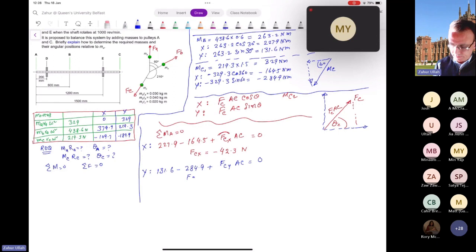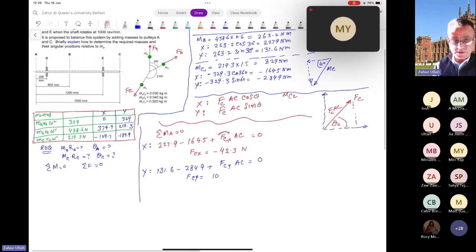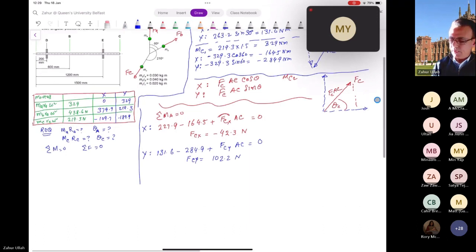This will give you FCY, which in this case should be 102.2, and which is positive. So our initial assumption was that both are positive, the X and Y. But after calculation, you saw that FCX is negative and FCY is positive. So this means that one assumption was wrong, but this one was correct.